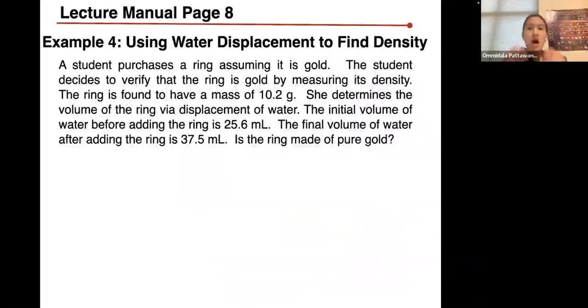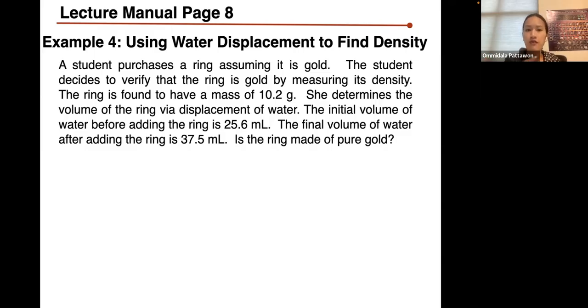All right, the second method of finding density is going to be water displacement. This can be used when you have an object whose exact volume you don't know, so it comes in a form where we can't easily measure the volume by measuring length. For example, if you have a gold ring and you want to know its density, how do we know the volume?